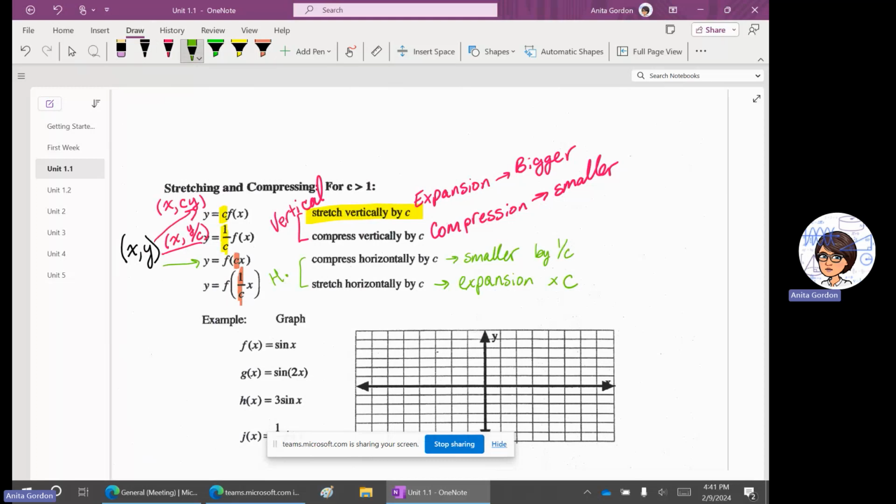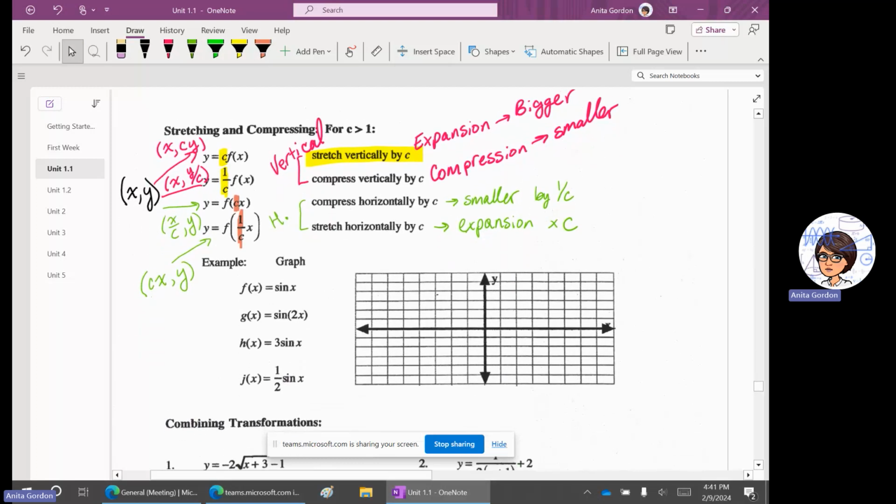However, here it would be x over C, leave the y alone. And for this one, it would be C times x, leave the y alone. Okay, so the x's are always the opposite of what you see. The y's, you're just doing what you see in the coefficient.